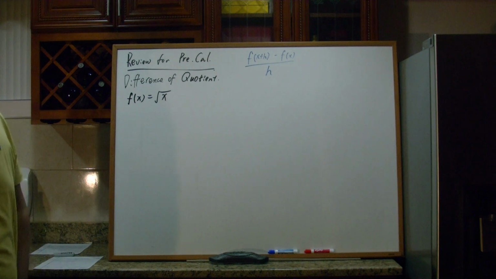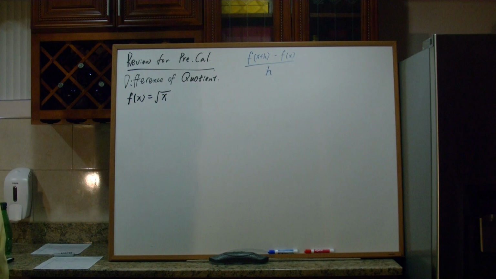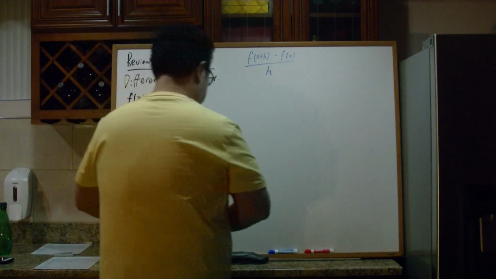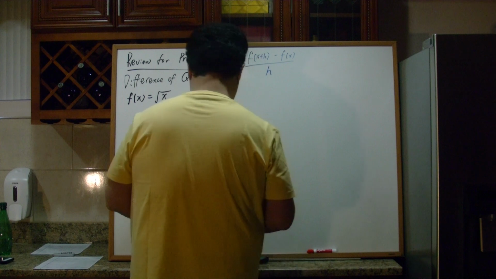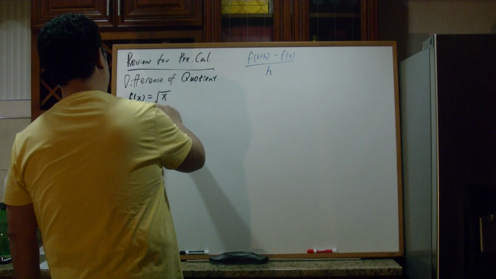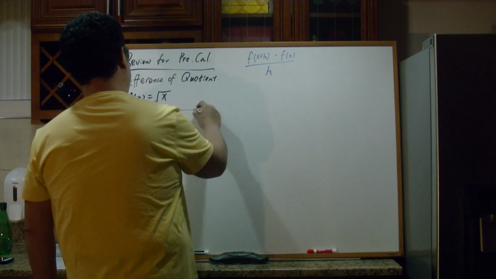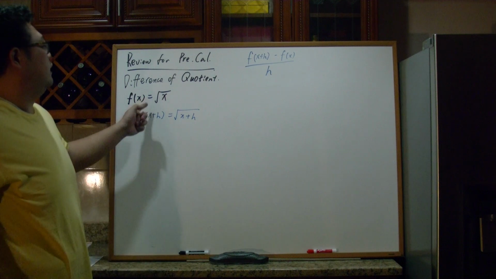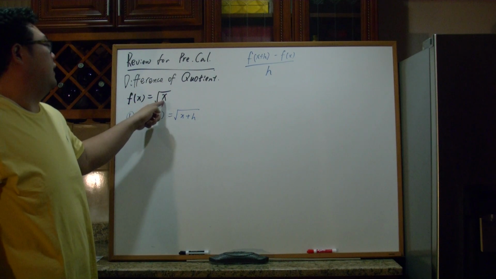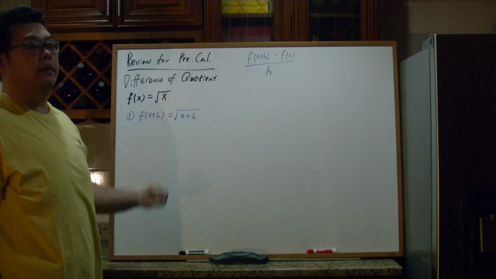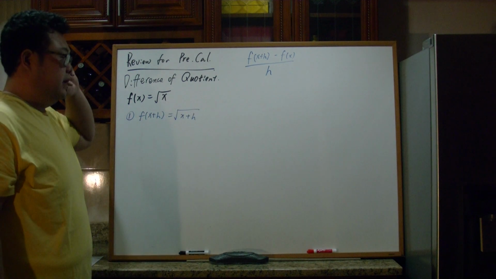For the square root of x, we're also able to find the difference quotient. So, doing it step by step. Step 1, f of x plus h. Substitute underneath the square root, where the variable x becomes x plus h.